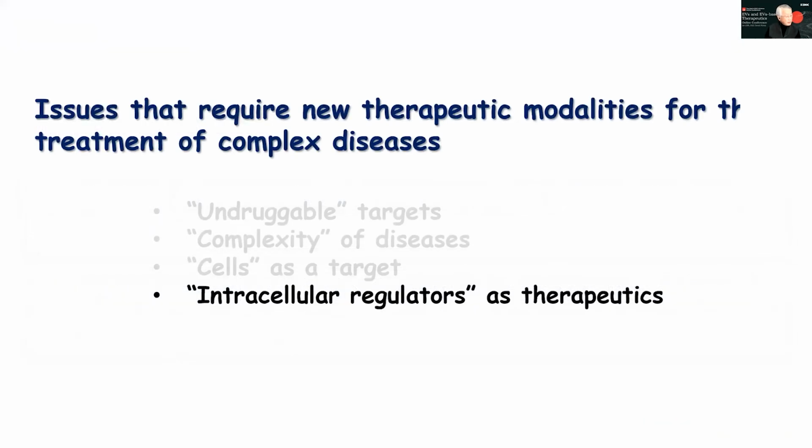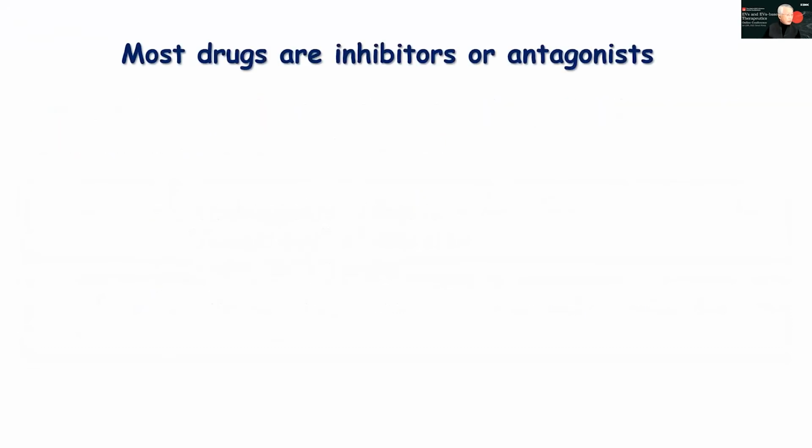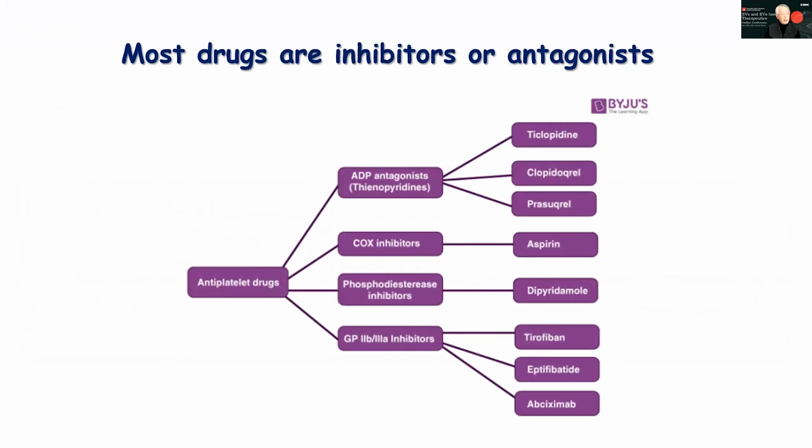The last issue that I brought today is intracellular regulators as therapeutics. Most drugs are inhibitors or antagonists. Here's an example. We have many different types of antiplatelet drugs, but all these antiplatelet drugs are inhibitors of one of these four pathways: ADP, or COX, or phosphodiesterase, or GP2B and 3A.